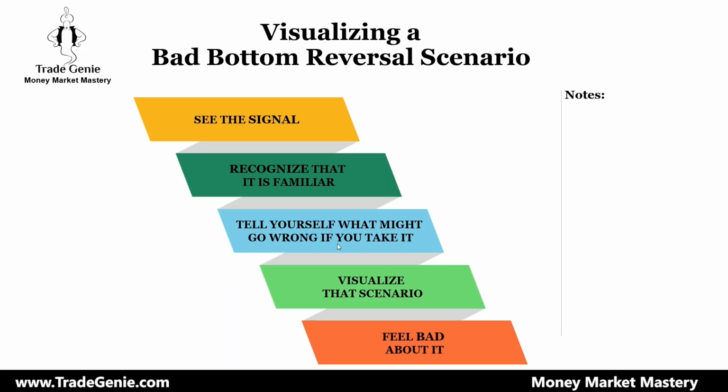You created a story in your mind, but you have seen before that it works, and it's a profitable trade. But then we all create this step of visualizing what can go wrong, and then we don't take the action. We visualize that scenario and feel bad about it, about how much money we will lose. So this is not a good scenario.